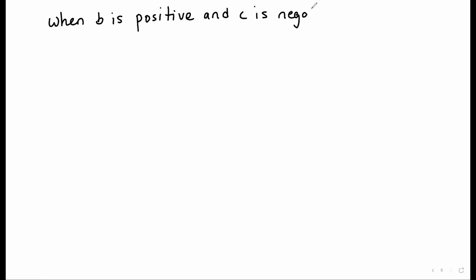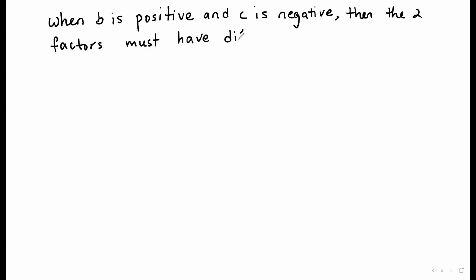When B is positive and C is negative, remember, to get C, you multiply the two factors. If C is negative, then the two factors have to have different signs, because that's the only time you can multiply two numbers and get a negative product. One has to be positive and one has to be negative.